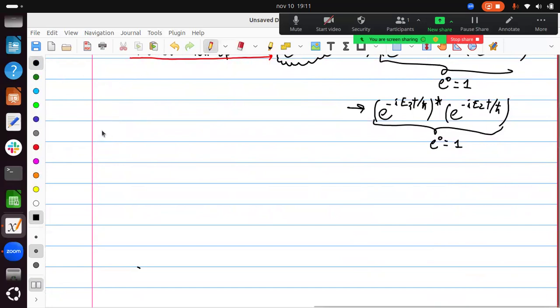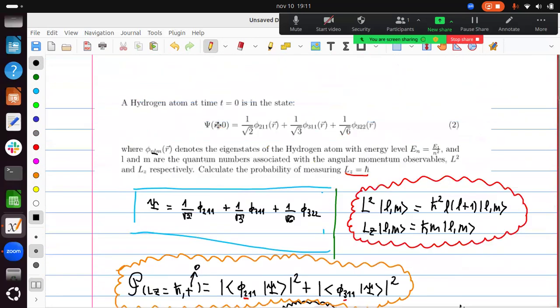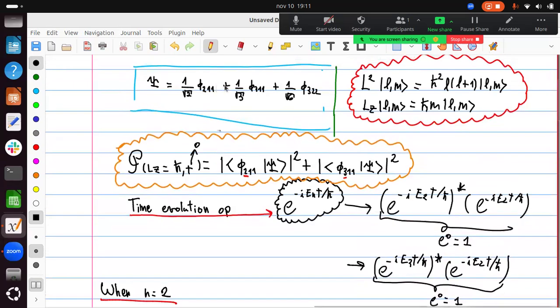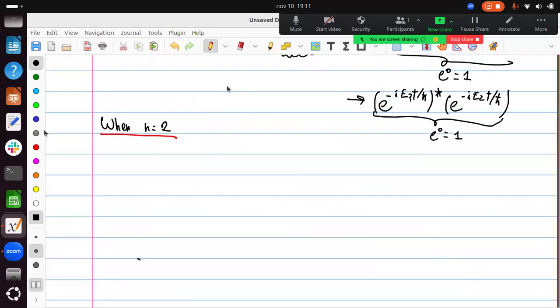For the first case, when n is equal to 2. In this case, we are going to need to see that n, l, and m are equal to 2, 1, 1.